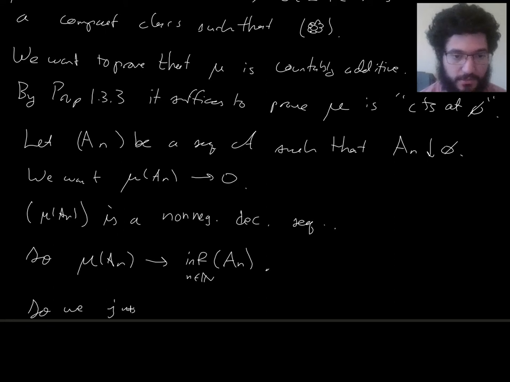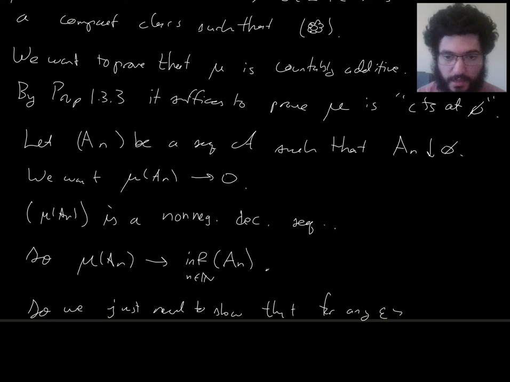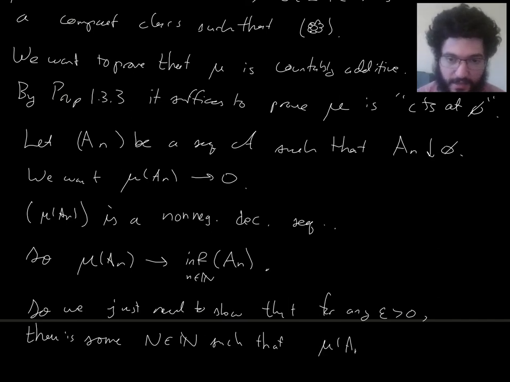So we just need to show this infimum is 0, that for any epsilon greater than 0, there is some n such that if you take mu of a, that n, then that's less than epsilon. So just show that the numbers in the sequence get arbitrarily small. That's all we have to show.